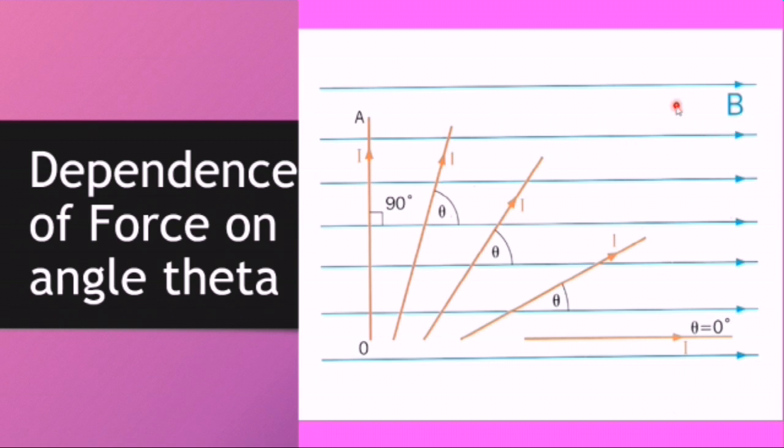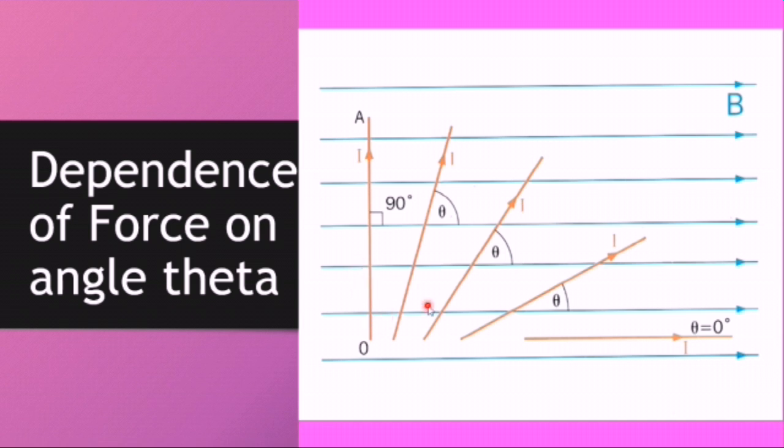See, the direction of the field lines is from left to right, and current through the conductors is given at various angles. As an example, if current through the conductor is at right angle to the field line, angle theta will be 90 degrees and sine 90 will be 1. So it will be the maximum value of force when field lines and current are at right angle to each other. And for other values of theta, force will have different values.